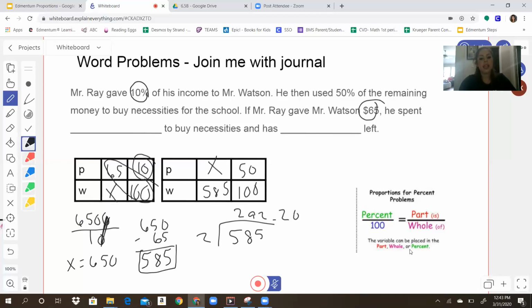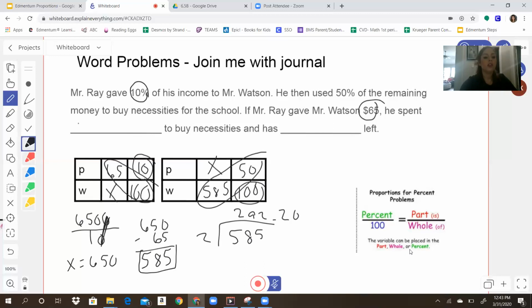And you will get that by cross multiplying and dividing. I don't know about you, but I'd rather divide it by 2 than multiply 585 times 50 divided by 100. It's just quicker. But if you need to do that, go ahead and do that.